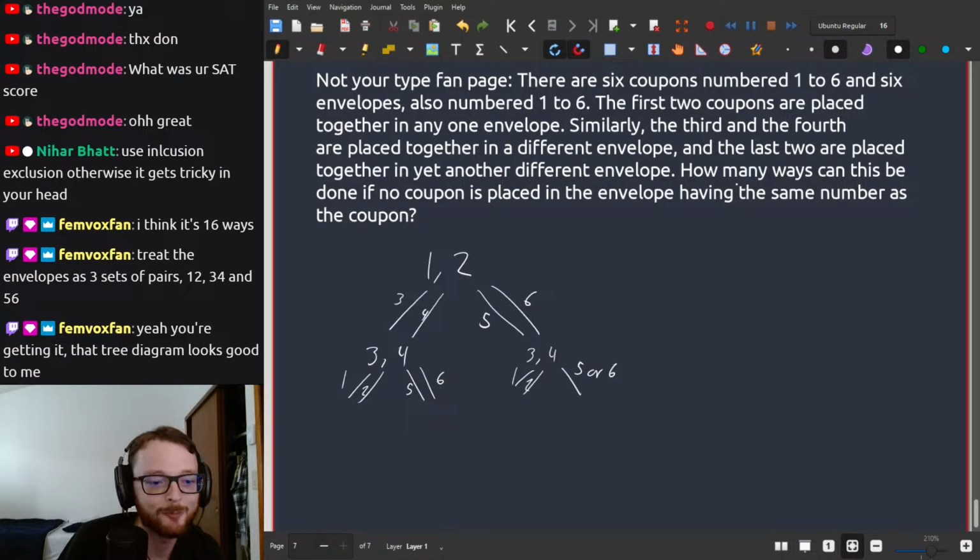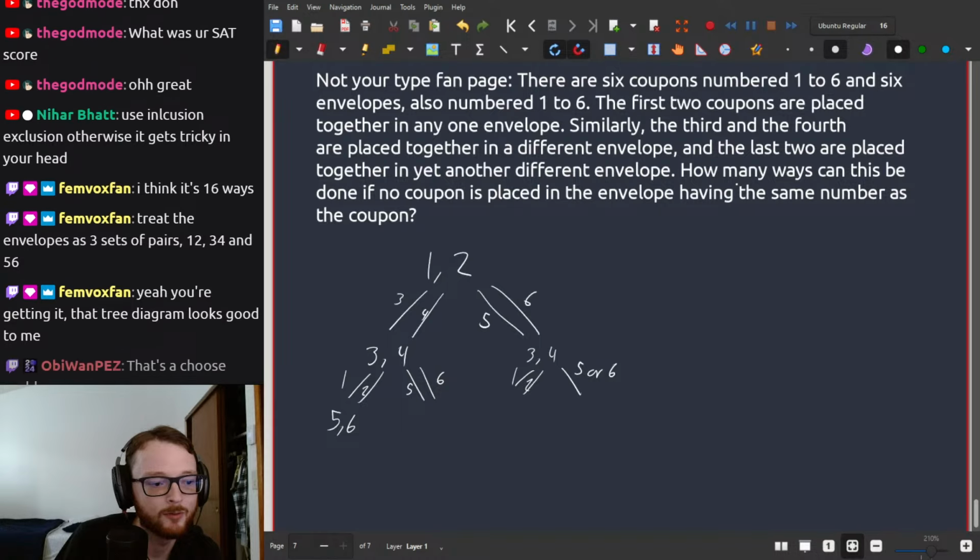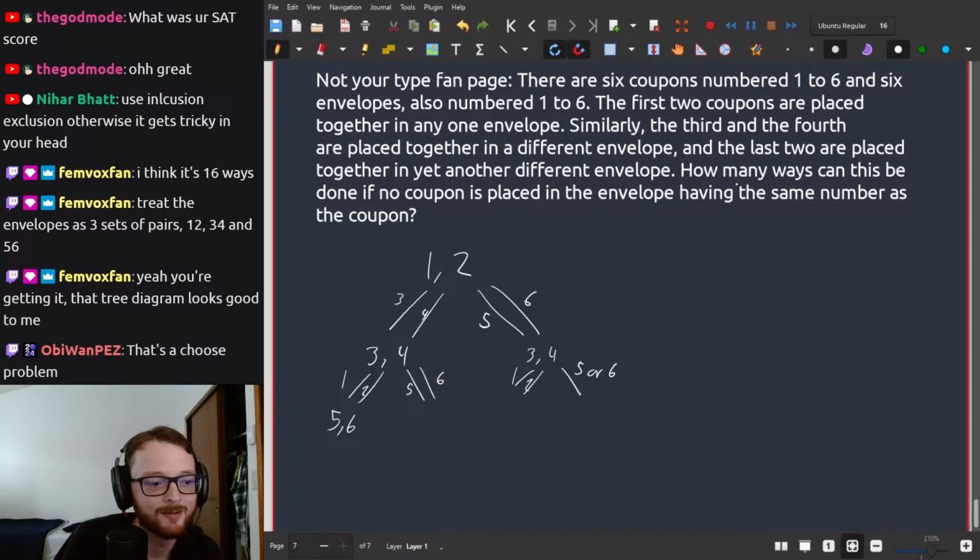Things, I'm not going to know how to count it once I make this tree, but... How many options do 5 and 6 have? So we're occupying 1 of 3 and 4 and 1 of 1 and 2. Yeah, I just don't know how to choose. That's my issue. I tried to do choose, and I got a negative answer.